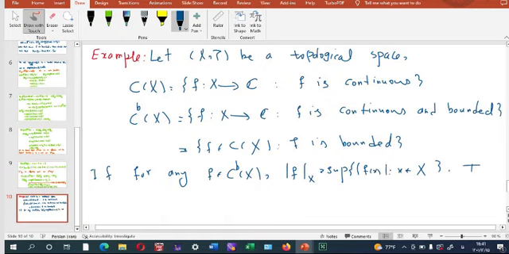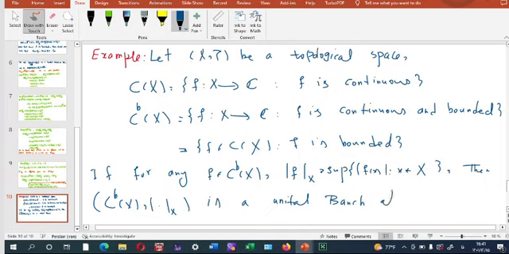Then CB of X and this norm is a unital Banach algebra. Please check similar to the previous example.